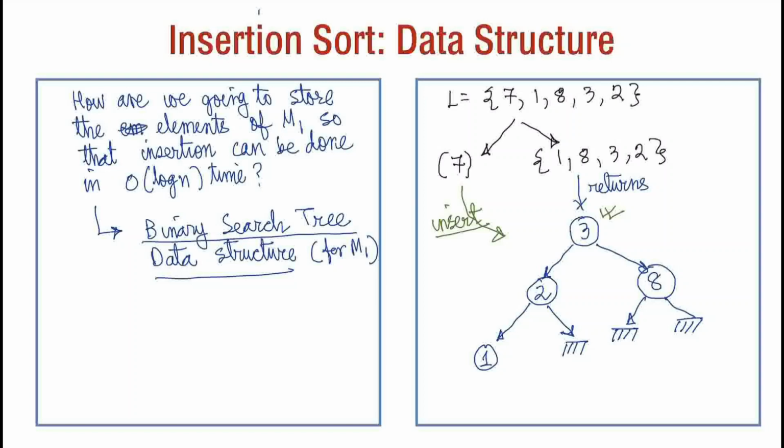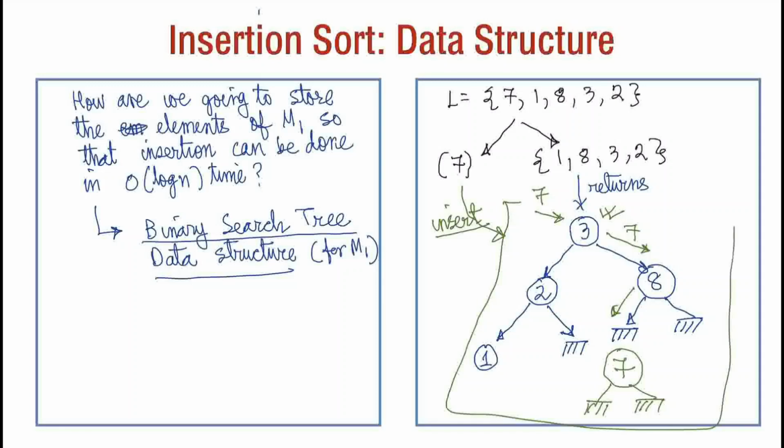Otherwise, if it is less, I will recursively move to the left. If it is greater, I will recursively move to the right. So I check 7, move 7 here, then move 7 here, and I create this node and add 7. And once I do this, this binary search tree is returned as the outcome.